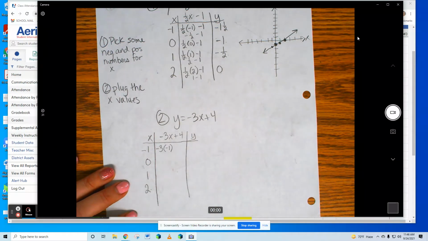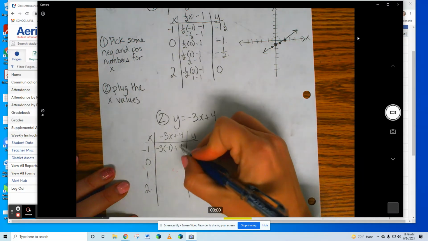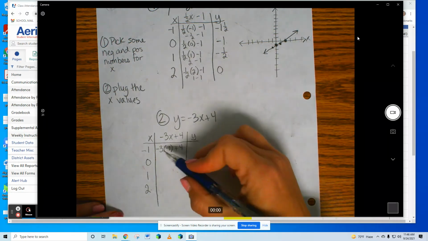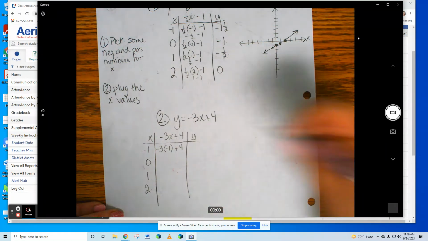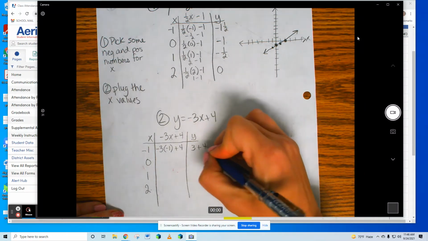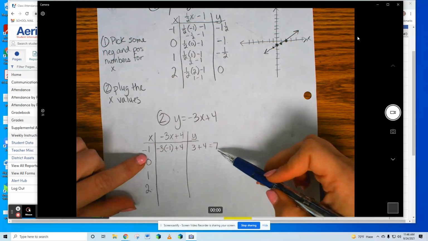Instead of x, I'm replacing it with a -1, plus 4. What's -3 times -1? 3 plus 4, 7. My ordered pair will be -1, comma, 7.